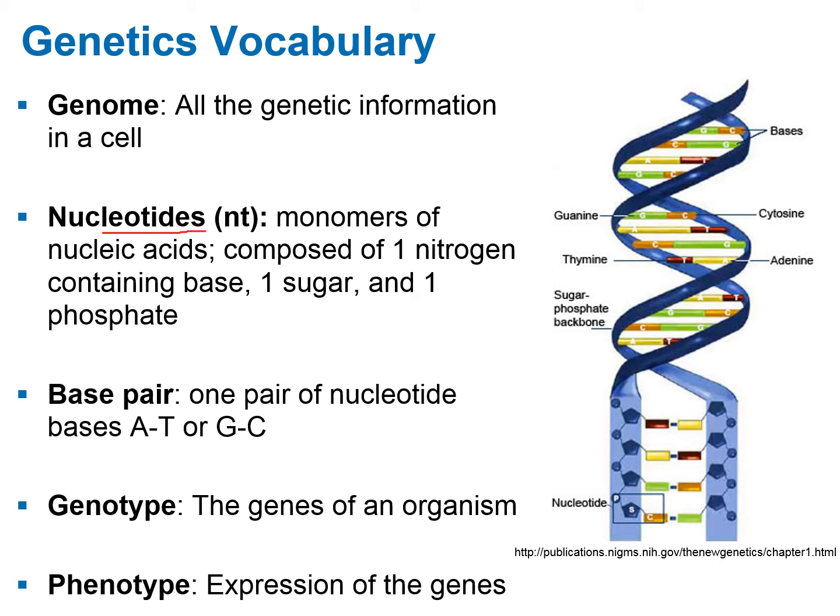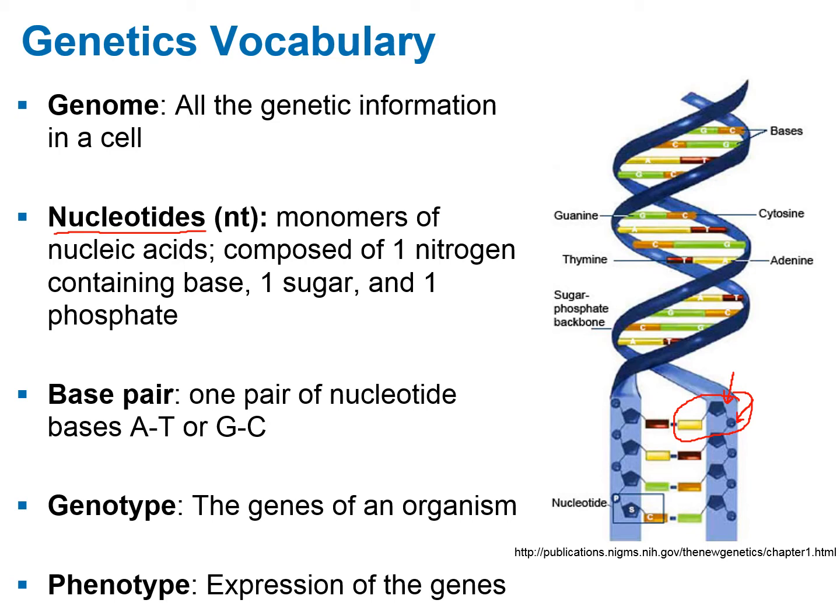Now, your genetic information is encoded by nucleotides. It's the sequence of nucleotides that distinguish one gene from another. When we talk about a nucleotide, we're talking about a unit like this, where we have a sugar group, and in the case of DNA, this is going to be called deoxyribose. Attached to the sugar, we have a phosphate group.